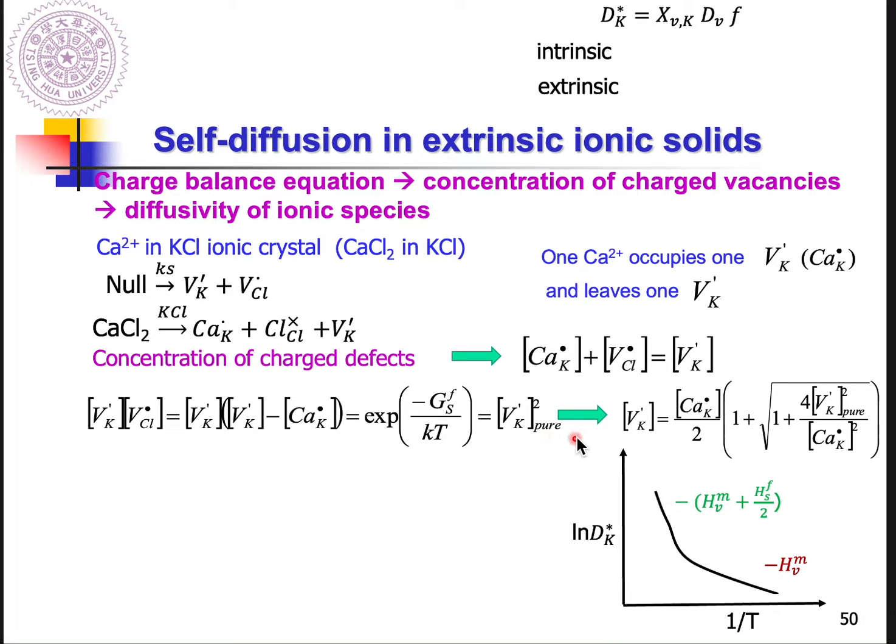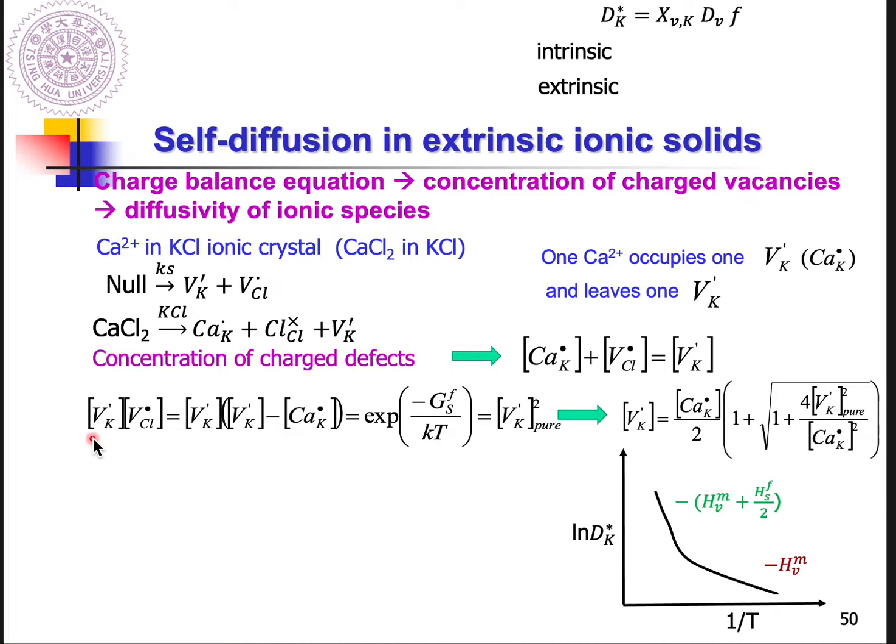Don't forget, as long as you dope these materials into the potassium chloride, they need to obey this equation. What we learned from semiconductor theory is that the vacancy fraction at the potassium site with negative charge times the vacancy fraction at the chloride site with positive charge equals the vacancy fraction at the potassium site before doping, squared.